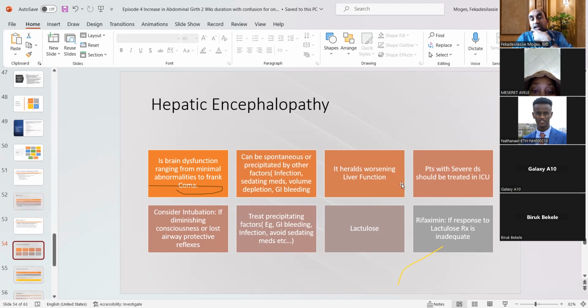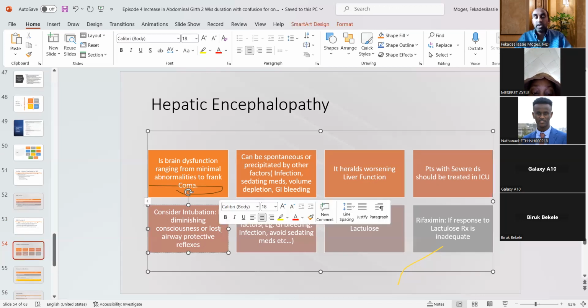If it heralds worsening liver function, for sure, patients with severe disease should be treated in ICU. Consider intubation if diminishing consciousness or loss of airway protective mechanisms.